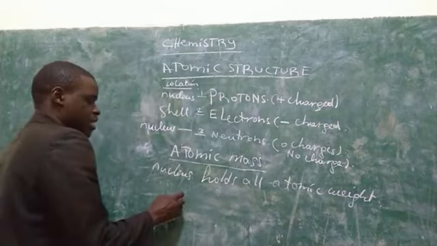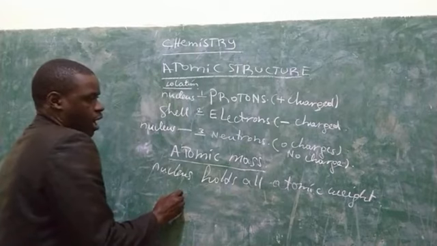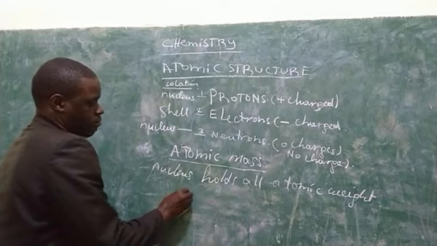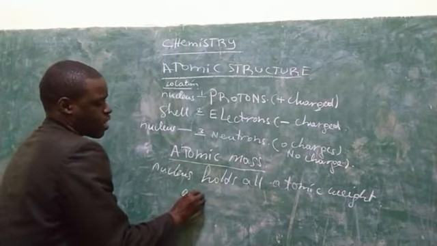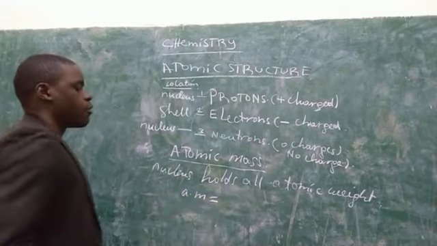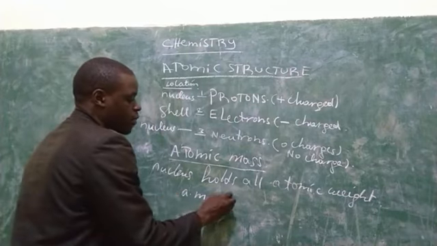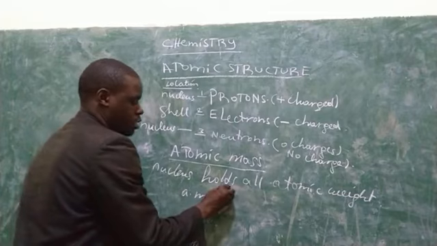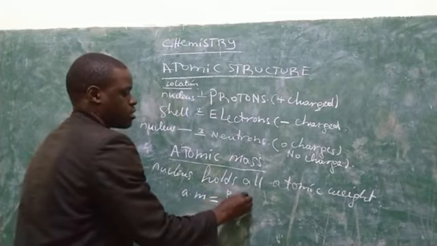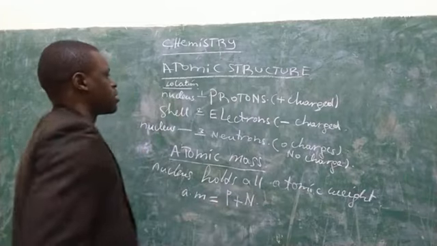Which means the atomic mass is equal to protons plus neutrons.